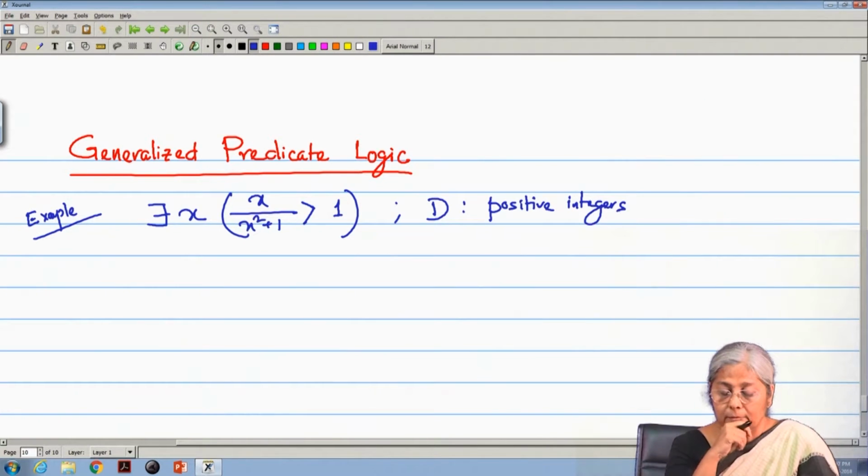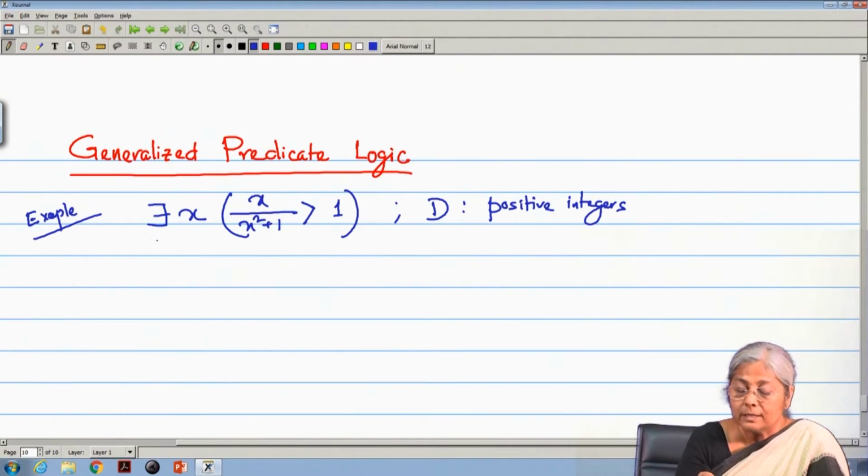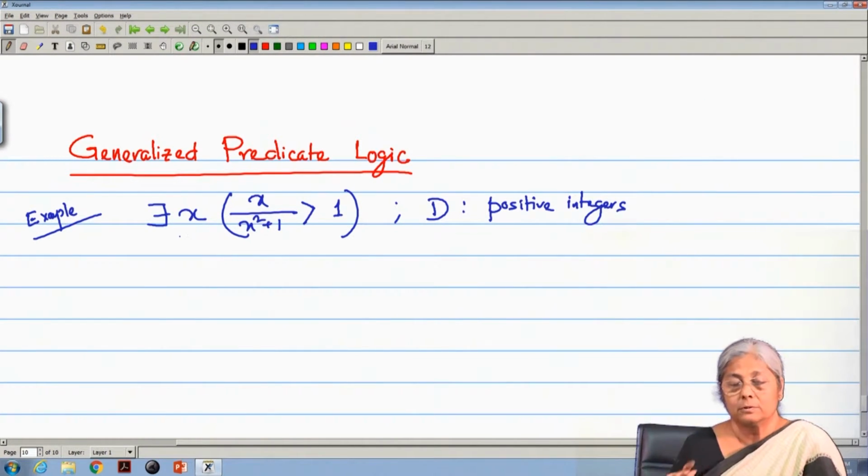Now, since it is an existentially quantified statement, if we get one such x for which x by x square plus 1 is greater than 1, then the statement is true.